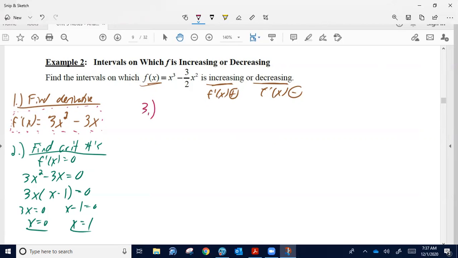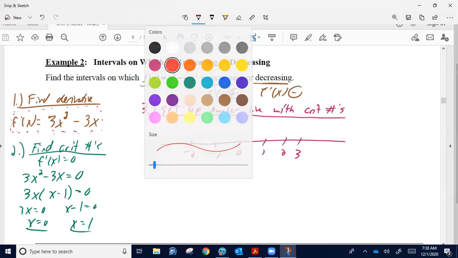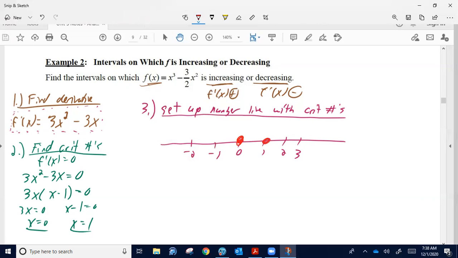So after you find the critical number, set up a number line with critical numbers. What I mean by that is, I'll make a number line. 0 and 1 are my critical numbers, so maybe go -2, -1, 0, 1, 2, 3. 0 and 1.